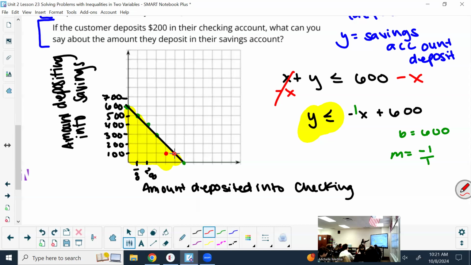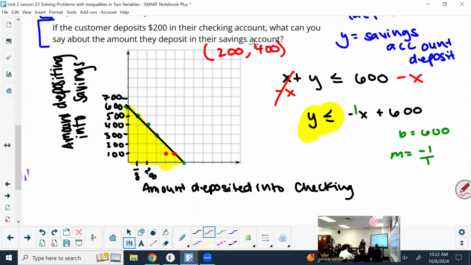All right, one more situation. Sorry, that took a long time. Also, this question said, if the customer deposits 200 in their checking account, so let's answer that. What can you say about the money they deposit into their savings account? So their checking account is the X. 200 in their checkings. What's the most they could deposit in their savings?